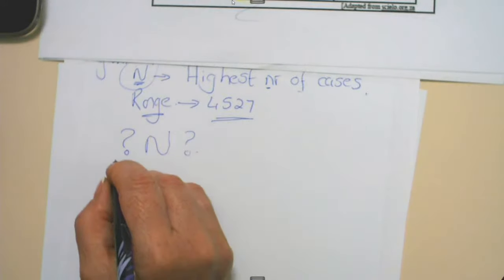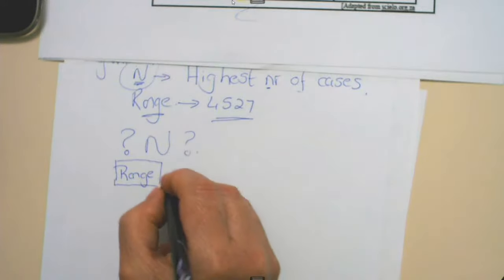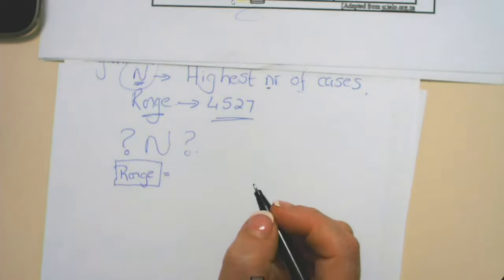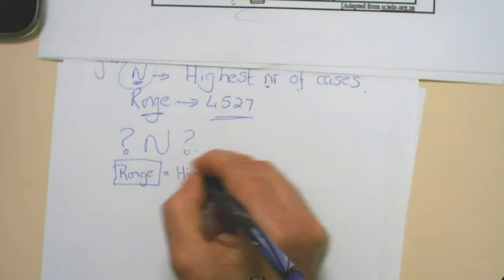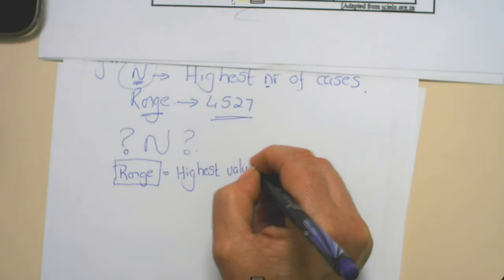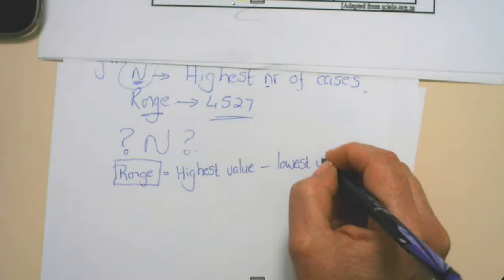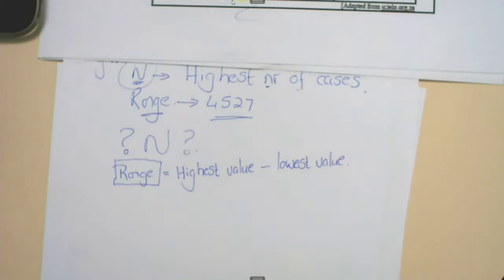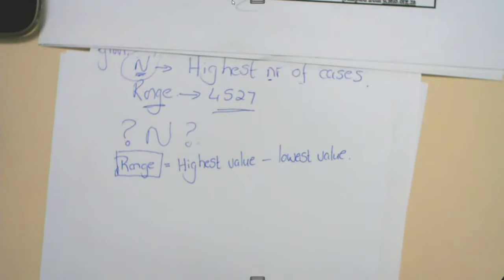But if you can just recognize the word range, and you realize that you know what range is. Range is the highest value in a data set minus the lowest value in a data set. Then you know that you can at least work with the range efficiently.